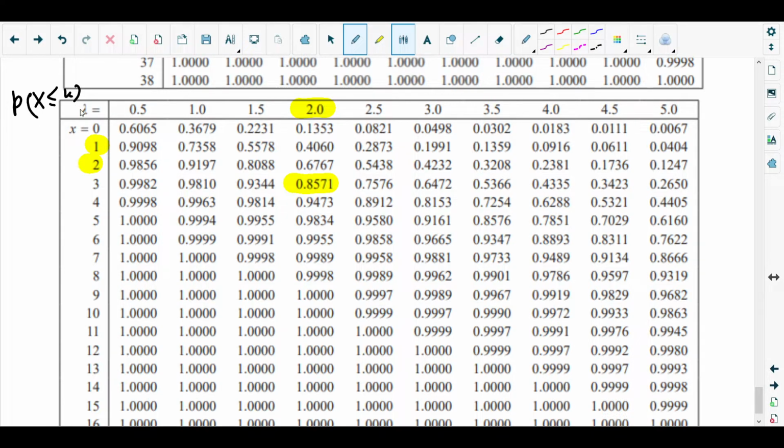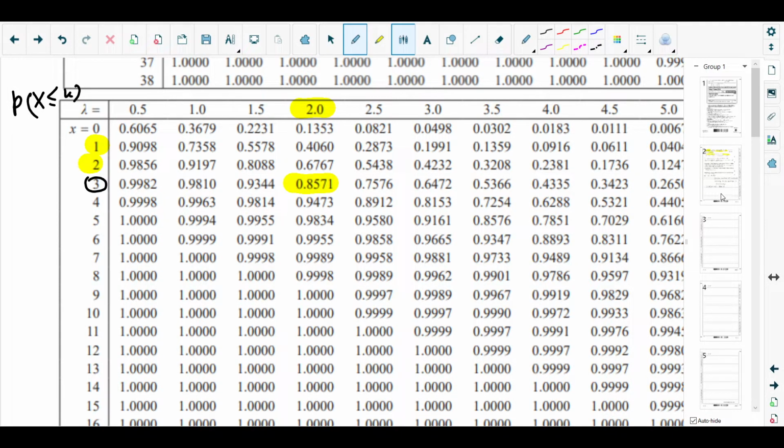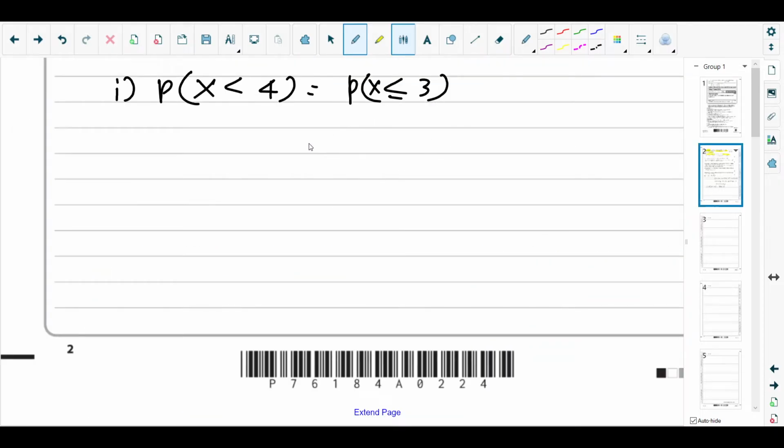So it is a cumulative distribution table. That means it is giving you the cumulative probabilities, the sum of the total probabilities. That's why this is X less than or equal to 3. So 0.8571, we got 0.8571.